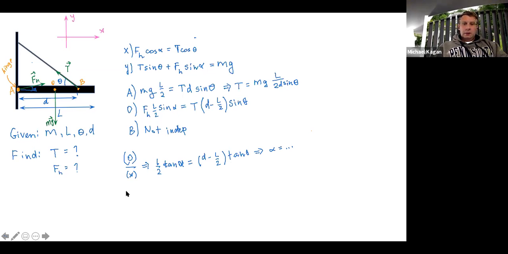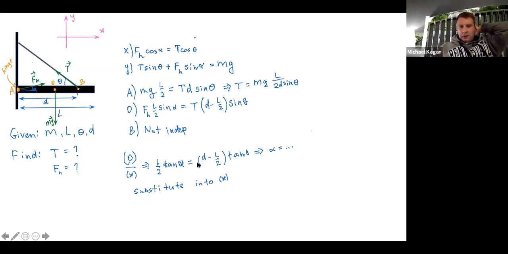And substitute into X. Okay. Again, usually these problems come with specific numerical givens, so you can just do things numerically. Okay, so any questions about a problem like this?